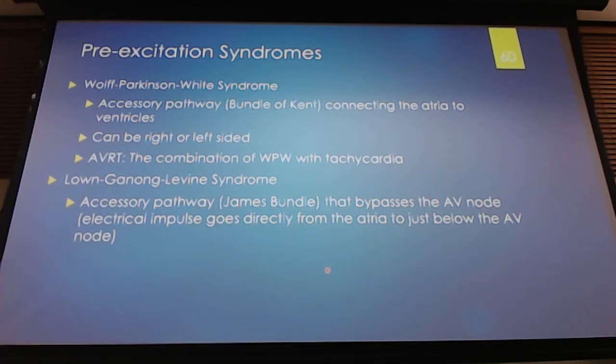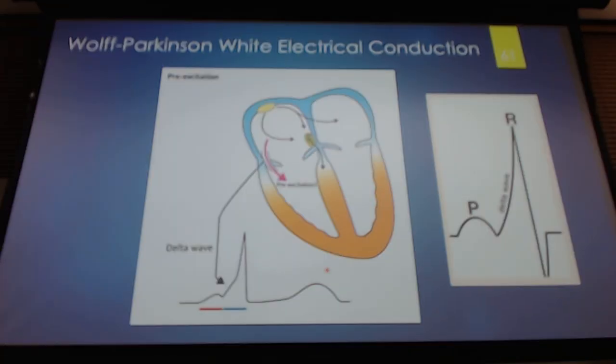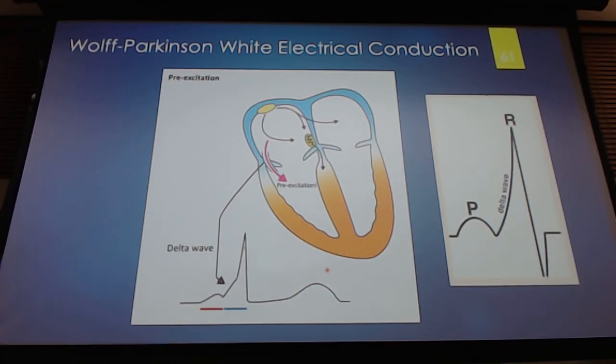Wolff-Parkinson-White has this accessory pathway between the atria and the ventricles. It can be on the left side or it can be on the right side. Okay. And then Lown-Ganong-Levine is an accessory pathway that bypasses the AV node. That's important, right? Because we need the AV node to control our depolarization from the atria down to the ventricle.